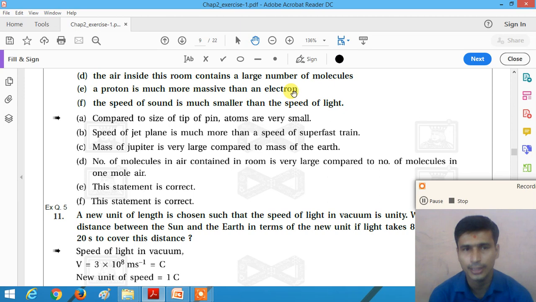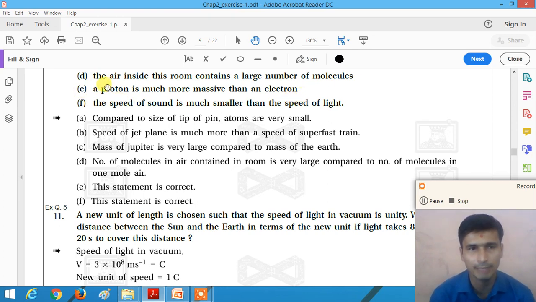So here the proton is more massive than the electron. So this statement is correct because the mass of the proton is higher than the mass of the electron. So here the mass of the proton is compared with the mass of the electron. So this statement is a correct statement. We need not modify this statement because here the comparison is given between proton and electron. Comparison of the mass of the proton and the mass of the electron is given to you.